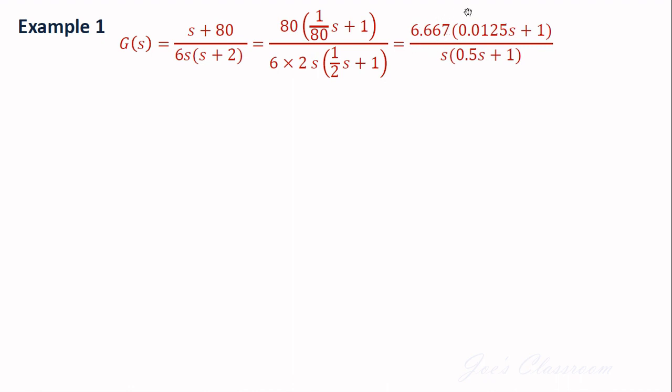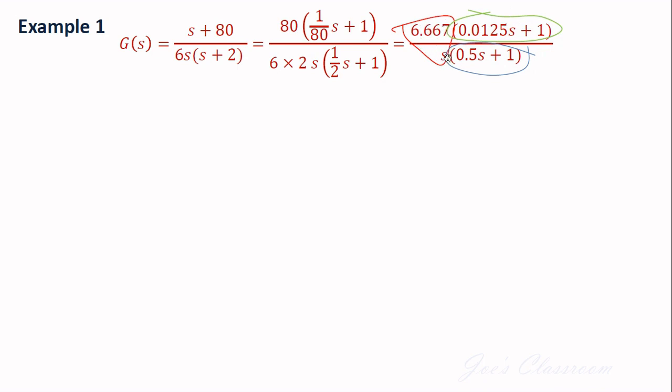But if I look at this transfer function together, I'm not very happy because this is not in any standard form. But at the same time, if I look at it this way, this is a very familiar term to me.